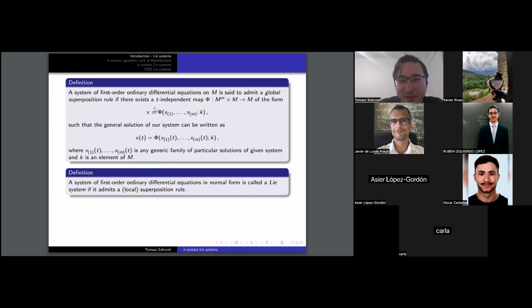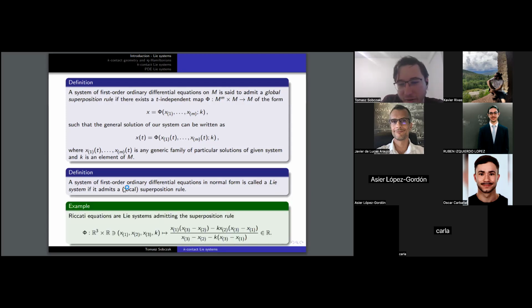And there is this difference between local and global, meaning in the local case, we can recreate only almost all solutions, not all. As an example, once again, the Riccati equation admits the superposition rule that we gave. And as Javier said, if we limit ourselves only to R, we cannot get, for example, x2.